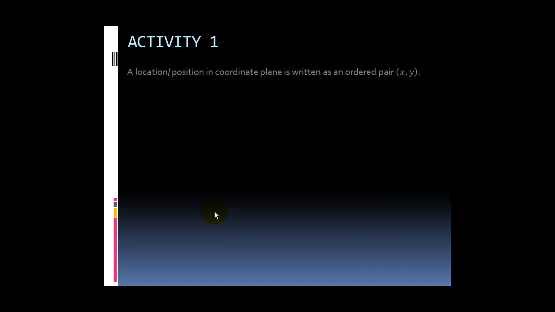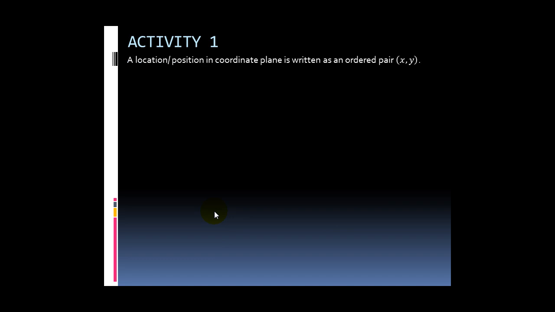Activity 1. A location or position in the coordinate plane is written as an ordered pair (x, y). Determine the Cartesian coordinates of each point on the plane below.